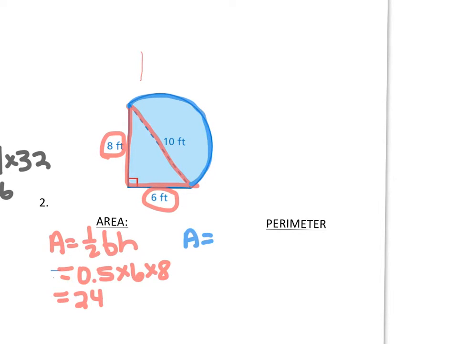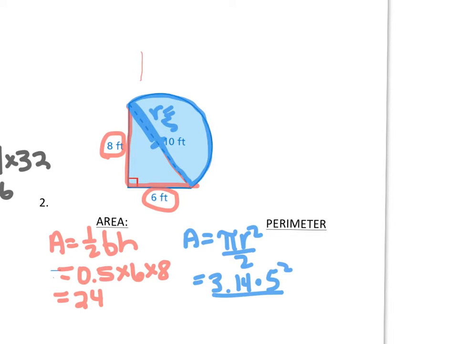The area for my semicircle, I'm going to have to divide by 2. So 3.14 times, they give me all the way down, but I only want the radius. So that's going to be 5, halfway. I only want halfway, right to there. So I'll do 5 to the second, all divided by 2. So you'll do 5 to the second, which is 25, times 3.14 and divide by 2.